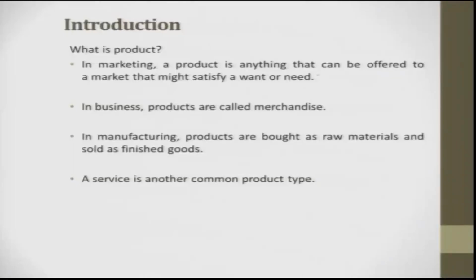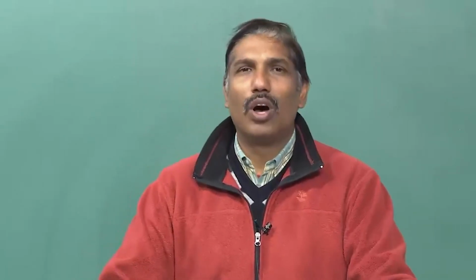So, in marketing terms, a product is anything that can be offered to a market that might satisfy a want or a need. And another interesting thing let me explain to you. A product which works very well at certain geographical locations might not perform with the same efficiency in another place. For example, let us take all European countries, or all developed countries. The solar panels put on rooftops work at an efficiency somewhere close to 15%.